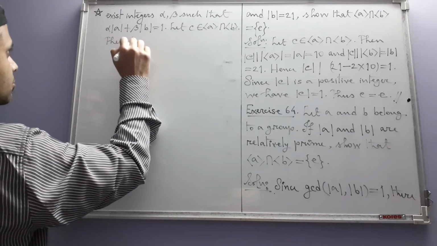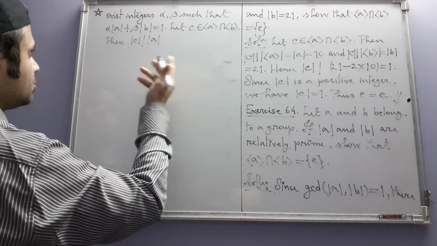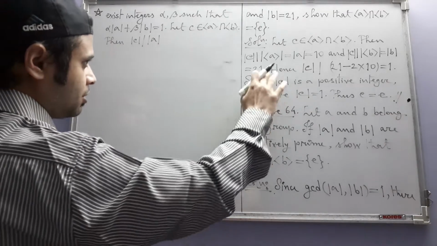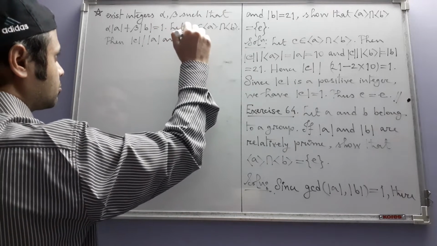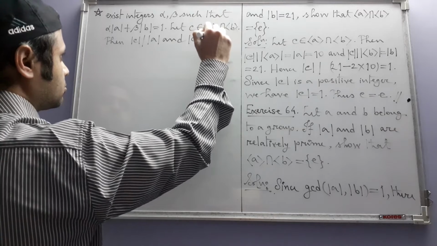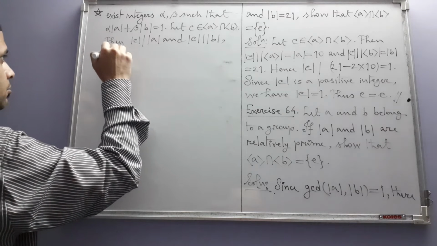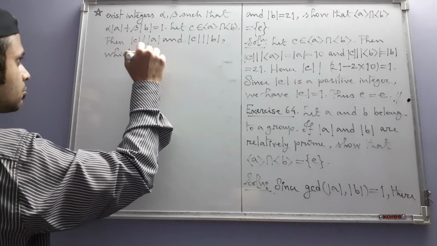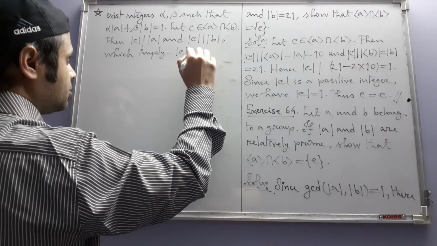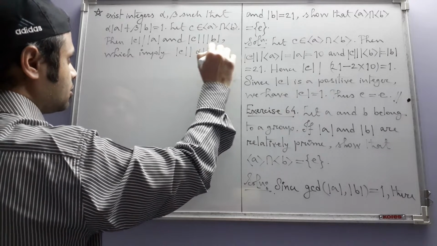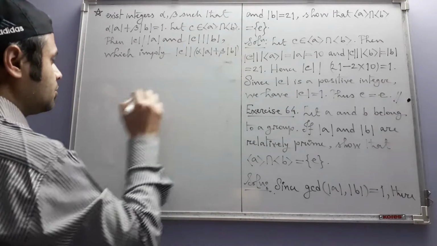Then the order of C divides, we can write directly now, since we have already seen what goes on here, which implies that this order divides this linear combination, which is 1.